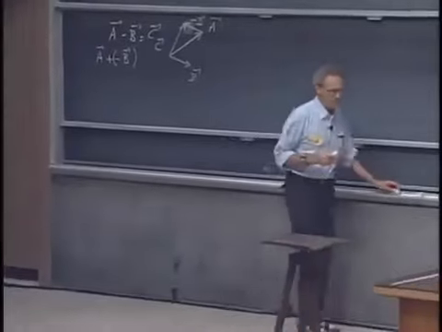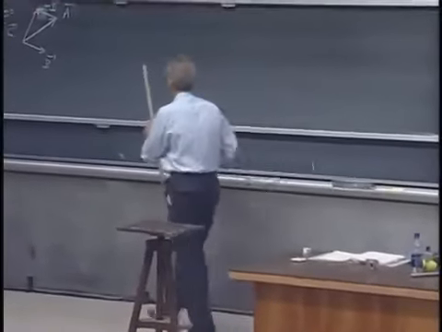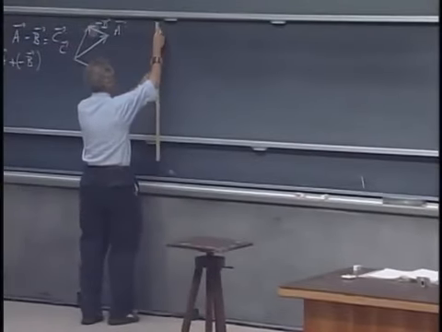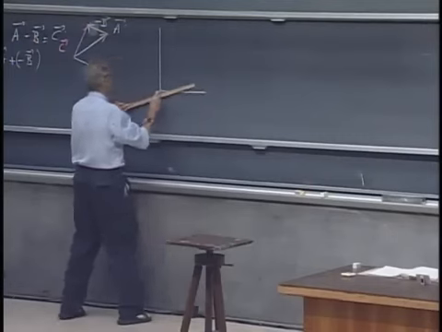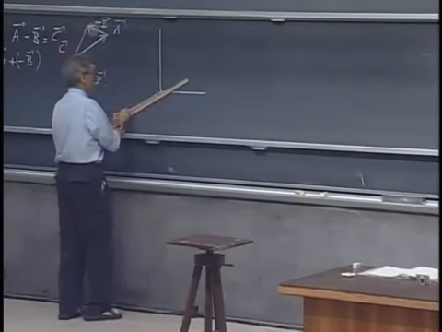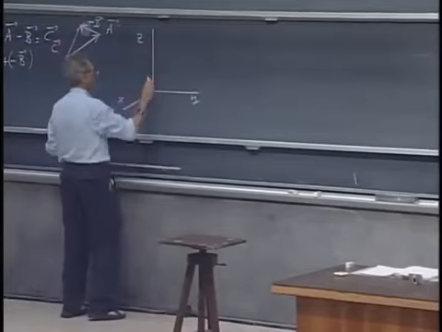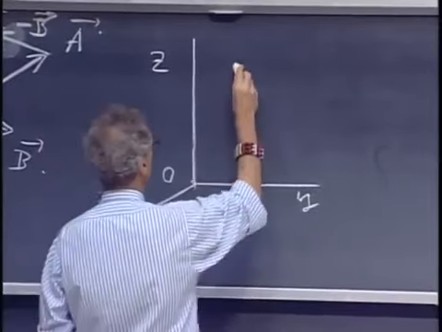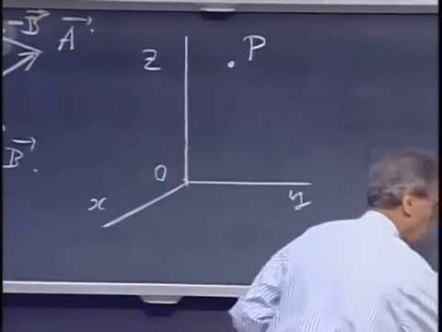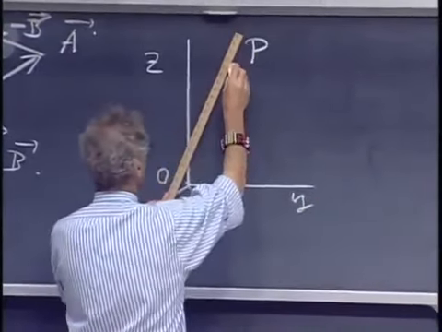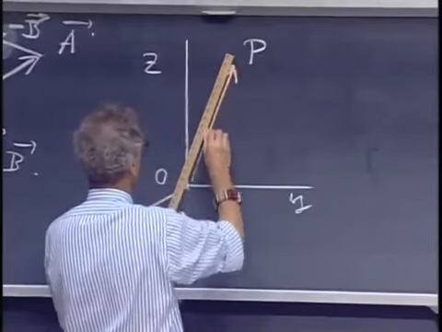I have a vector which is in three-dimensional space. This is my z-axis. This is my x-axis, y-axis, and z-axis. This is the origin O, and here is a point P, and I have a vector OP. That's the vector.